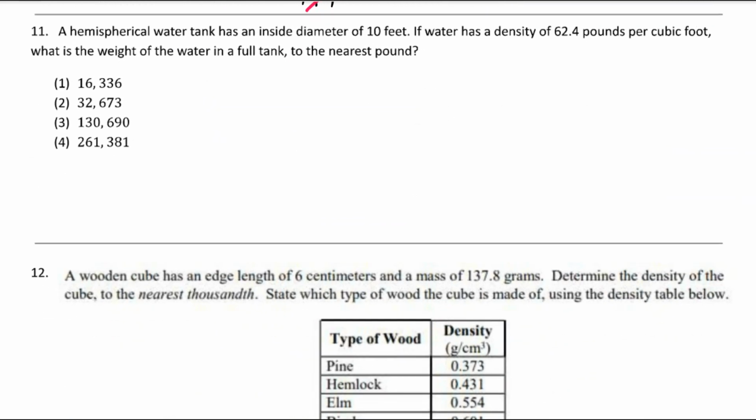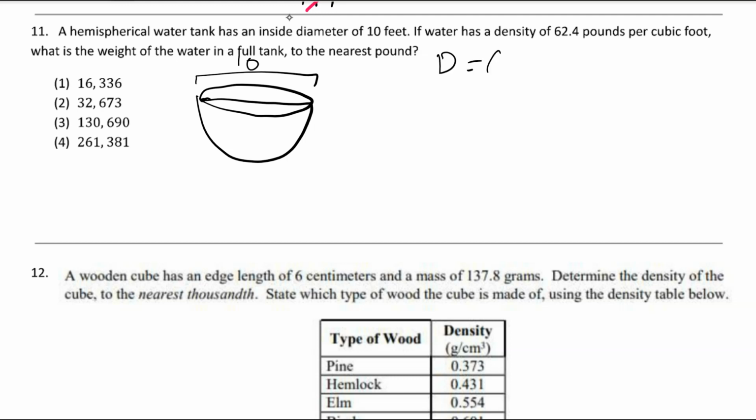Number 11. A hemispherical water tank has an inside diameter of 10 feet. Well, let me draw it. So it's like half a sphere, and it's got a diameter all the way across at 10. If water has a density of 62.4 pounds for every cubic foot, what is the weight of the water in a full tank? Well, in order to do that, I would need to figure out the volume first.